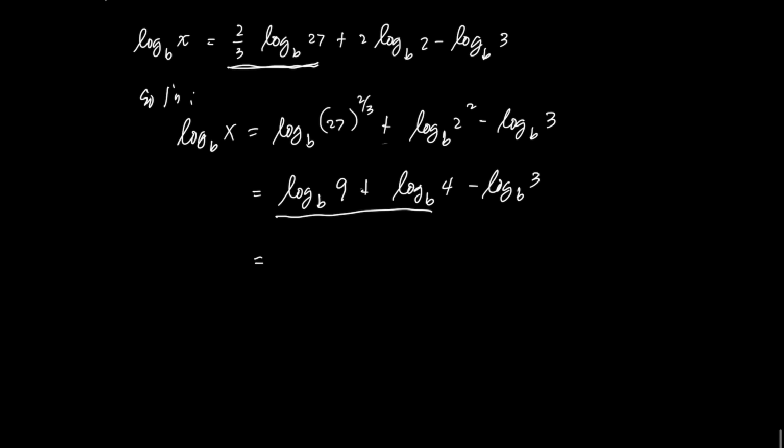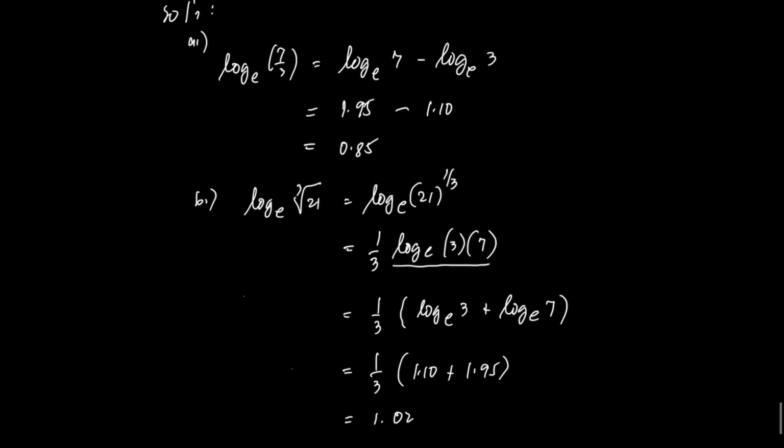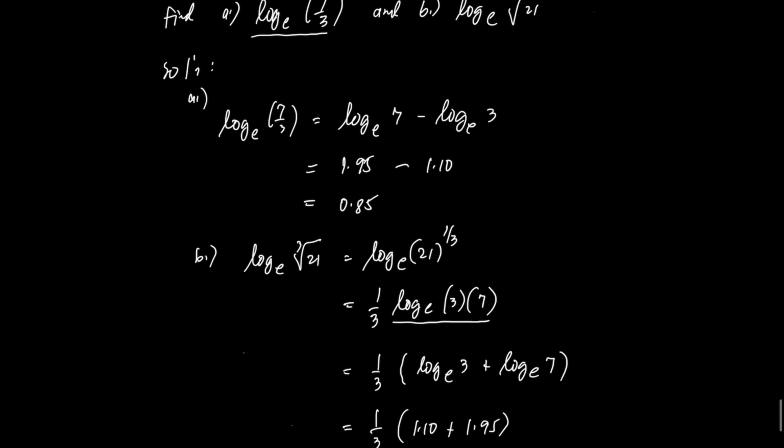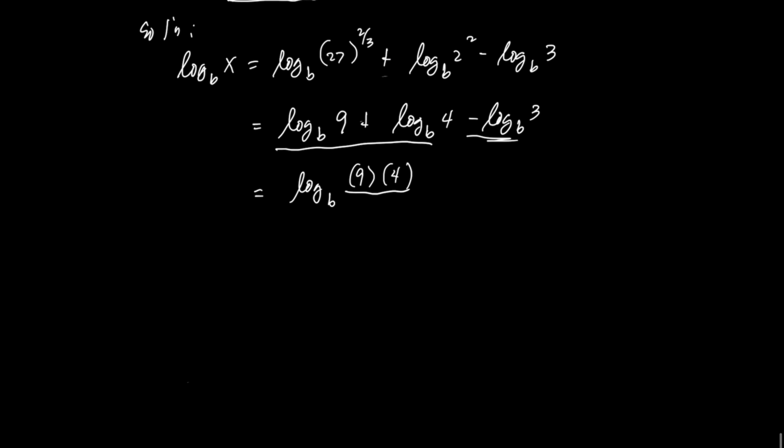We can write that one as log to the base b of 9 times 4. But here is subtraction. We can apply property number 6 again, from division to subtraction.